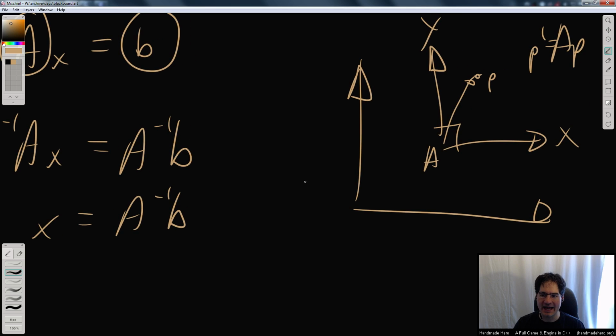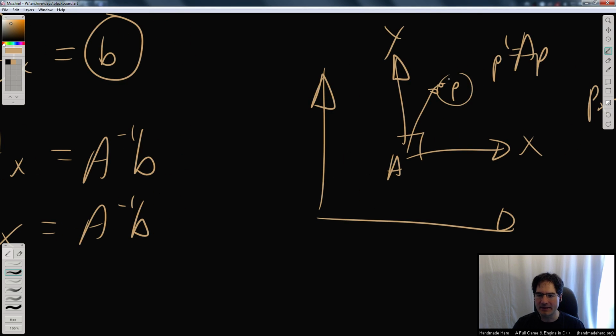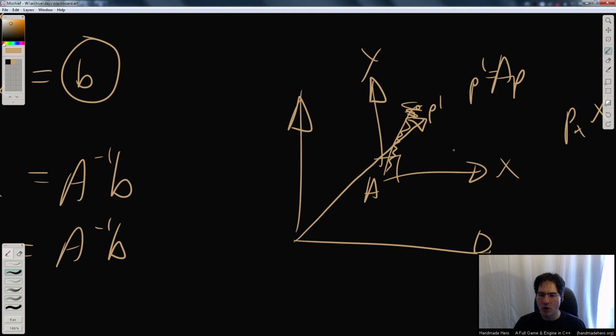Let's say that P was actually not described in this space at all. It was described in this space, so it's P prime now. Given this A, tell me, what is P inside A? I want to map it back into the coordinate system it was coming out of before.